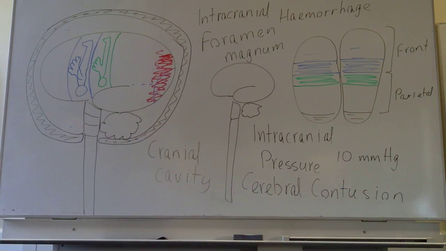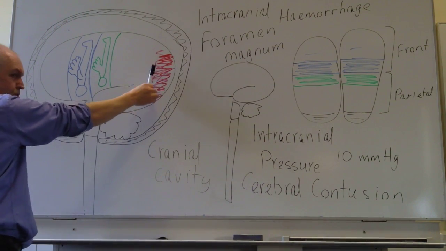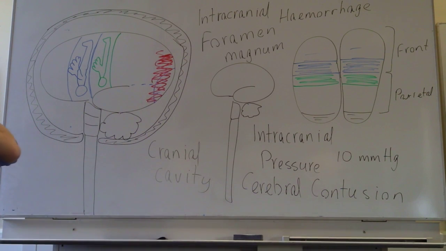So a head injury can cause bruising and contusion and swelling, but it can also cause a hemorrhage. There can also be bleeding.